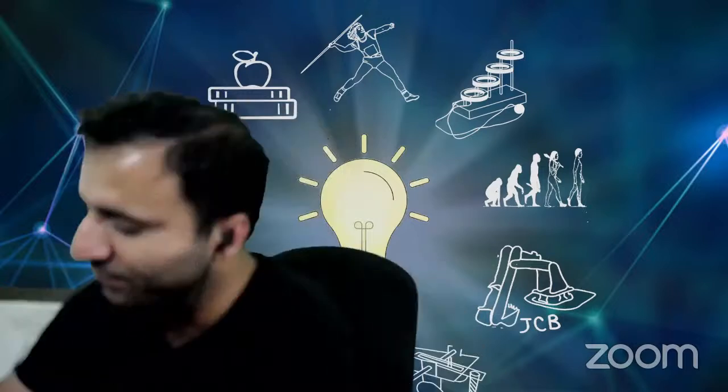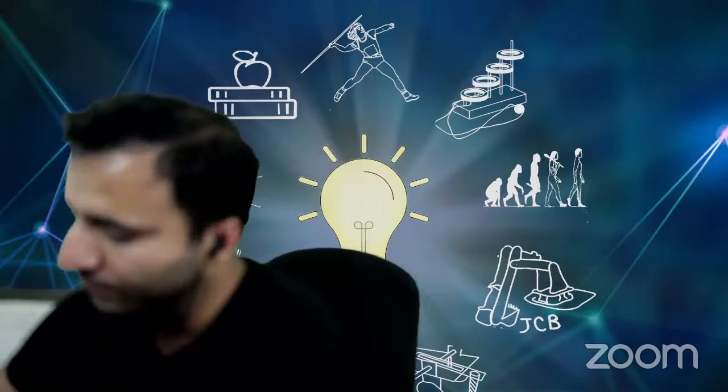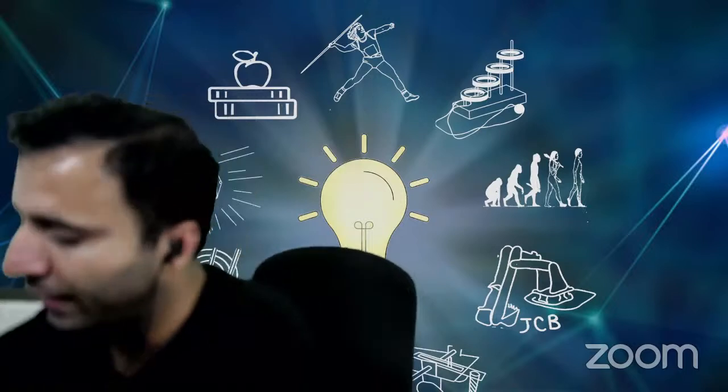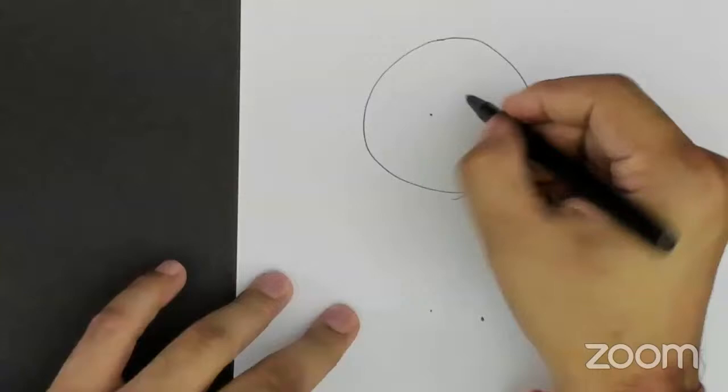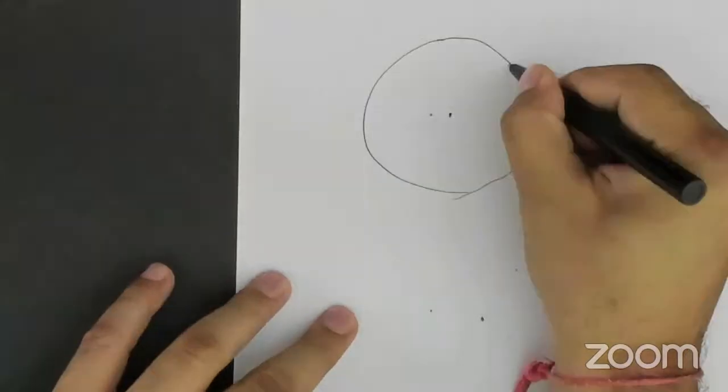Let me also take you to the overhead camera once I draw this. So let's say I look at this particular point P, which is on a circle.